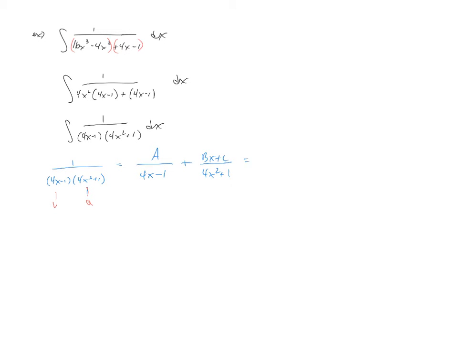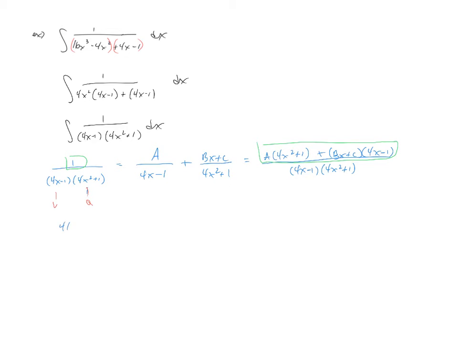Okay? So now, when we combine things, we'll have our A times 4x squared plus 1 plus the Bx plus C times 4x minus 1, all over 4x minus 1 times 4x squared plus 1. And now, this numerator and this numerator need to be set equal to one another. So as I set those equal, I'll go ahead and simplify again like I have been.